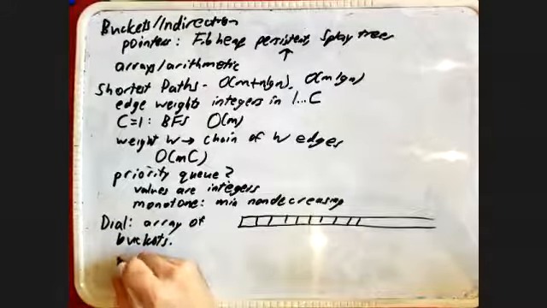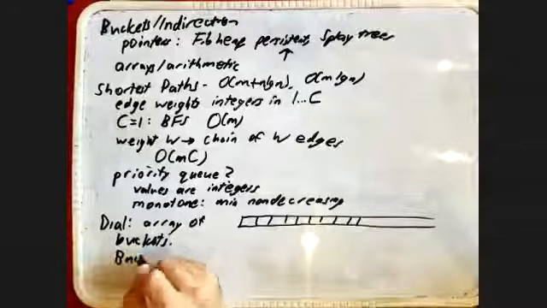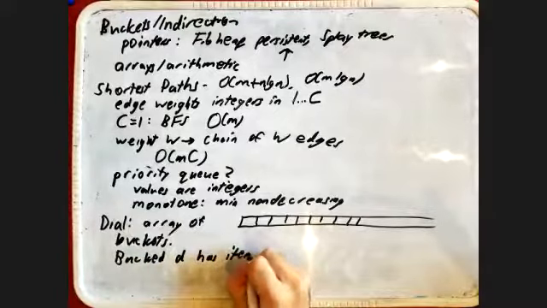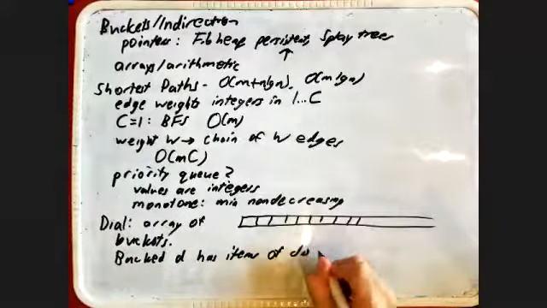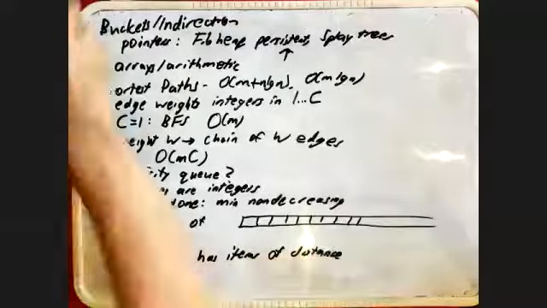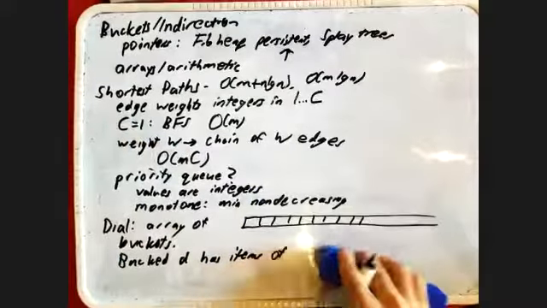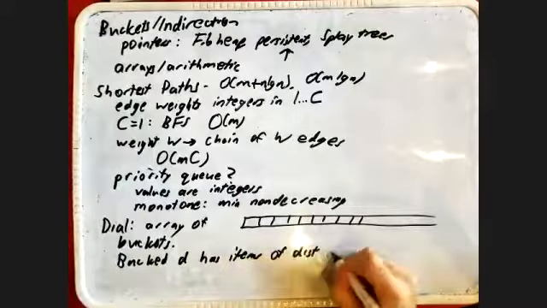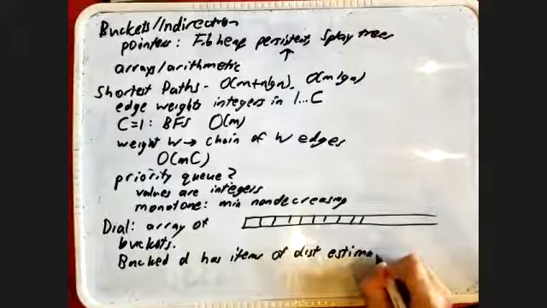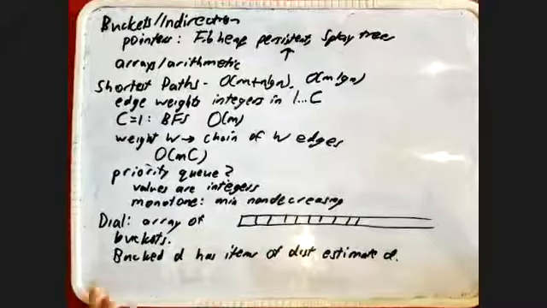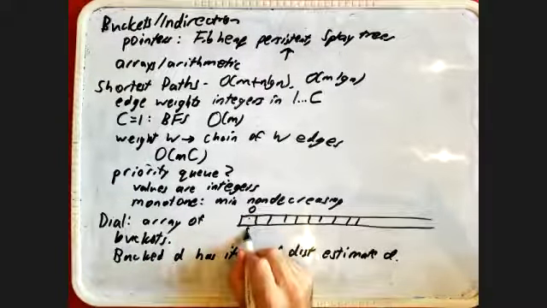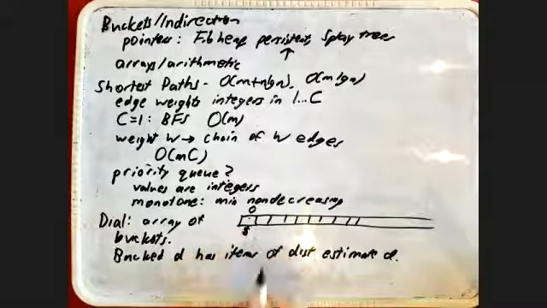And you put in bucket D all of the items of current distance, or distance estimate, D. So if I start at 0 at the start of the algorithm, I'm just going to put S, the source of the shortest path tree, into the 0 bucket, and nothing else is going to be anywhere.